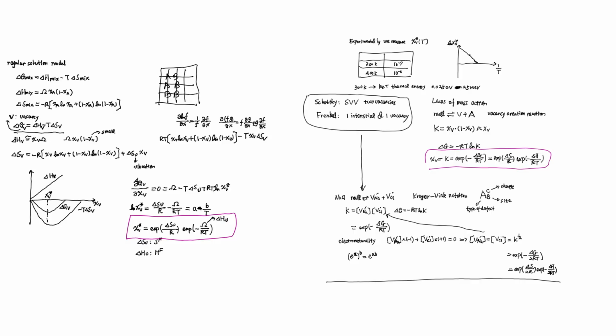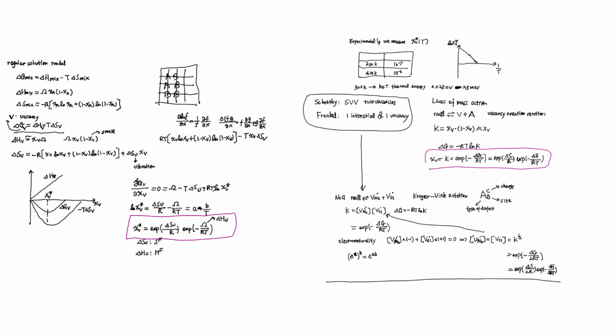So we have Ω X_V (1 − X_V), but X_V is a very small number, so 1 − X_V we can approximate as 1. Then we're left with Ω X_V. So that's for the enthalpy part.